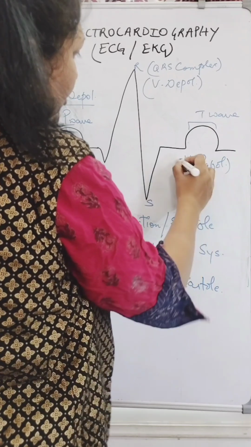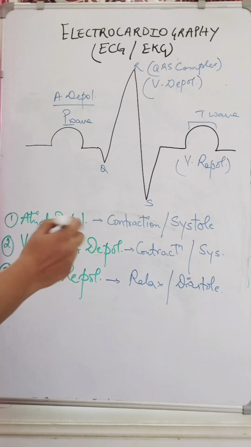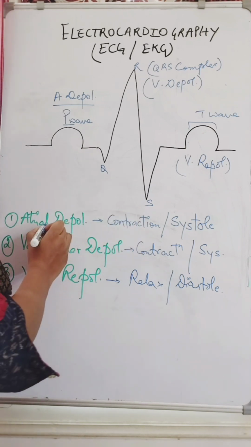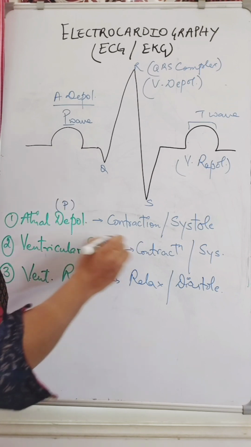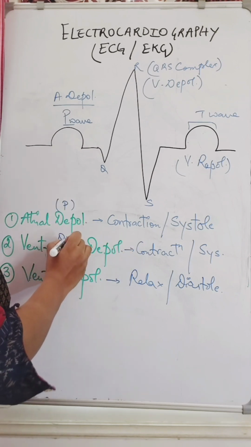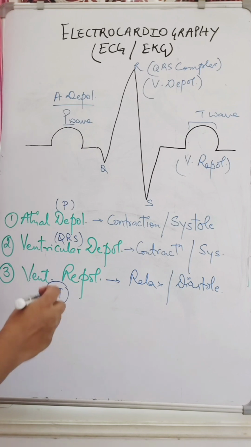That is why we are not able to see the atrial repolarization. So if I have to put the symbols here, atrial depolarization is the P peak, ventricular depolarization is the QRS, and ventricular repolarization is the T peak or the T wave.